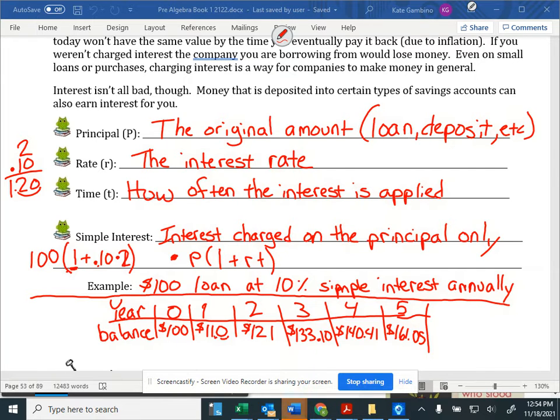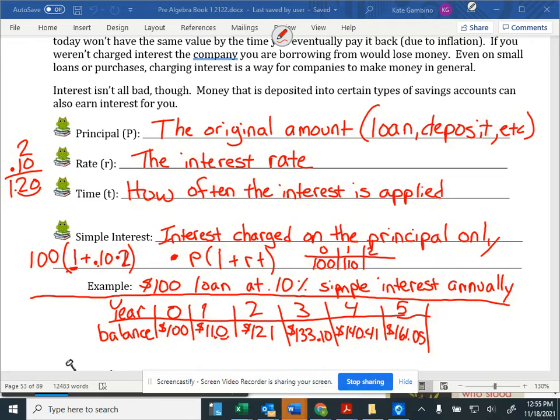Okay, so simple interest is 10% of the principal. So 10% of 100, 10% of 100, 10% of 100, keep tacking that on. If we were to do this up here, it would be 100 at year 0. Year 1 would be 110.